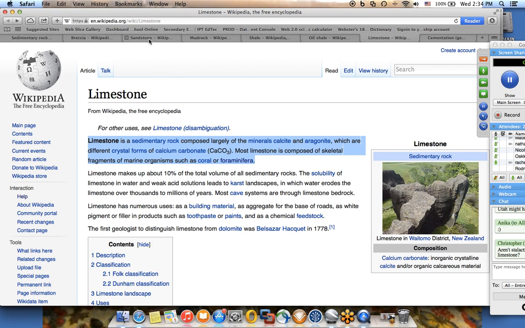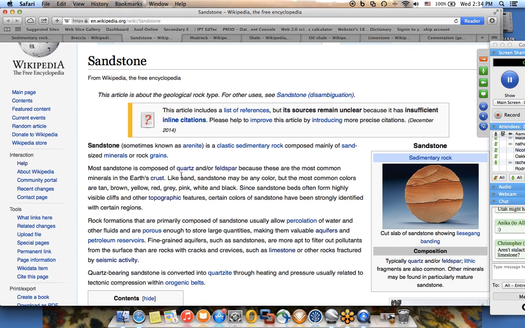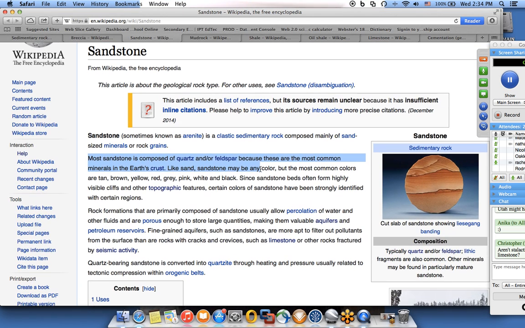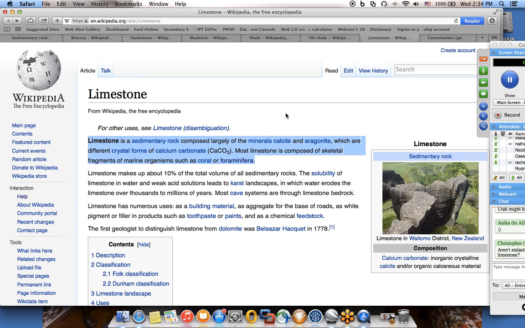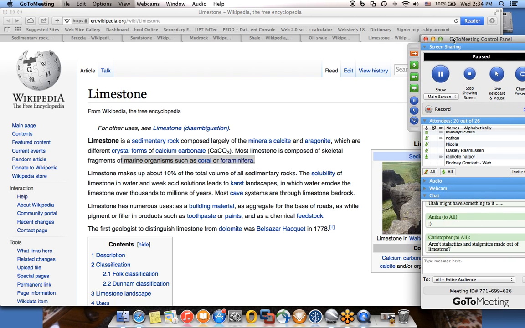Those are made out of silicates. Most sandstone is composed of quartz and feldspar, which are igneous rocks, I remember from last week, whereas limestone is made of calcium carbonate and is the remains of marine organisms. Very, very interesting. So now I know a lot more.